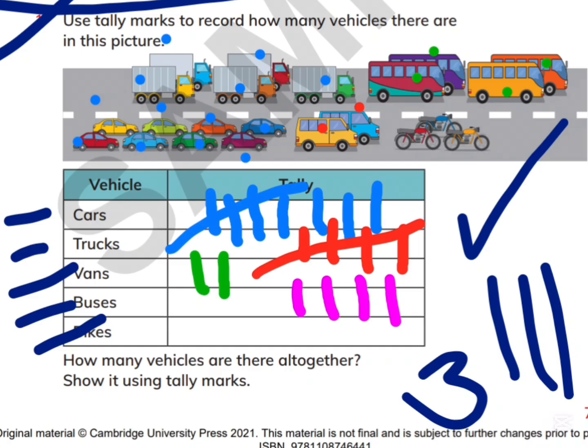Okay, we will write the number of bikes. So I'm changing the color. The number of bikes must go with this color. 1, 2, 3. So there are 3. We will not write 3 like this. We will write 3 like this in the tally chart. We have to write in tally.